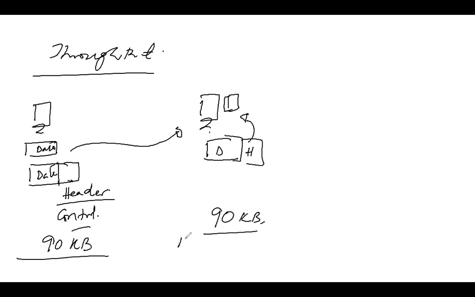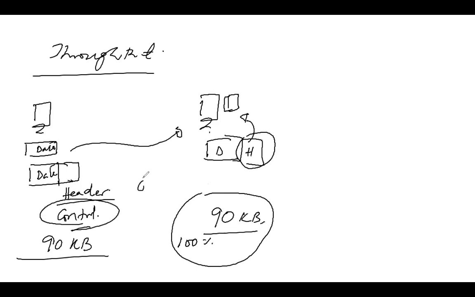So in this case, the throughput is 100%, right? But in this 90 KB, you also have this header which is called control data. Look at this. And this is actually the overhead on the system. So beside this throughput, we have goodput as well.